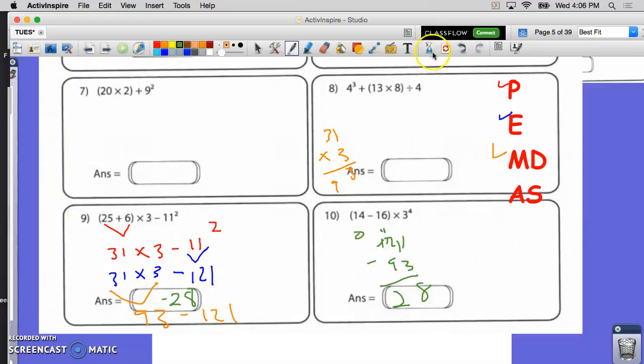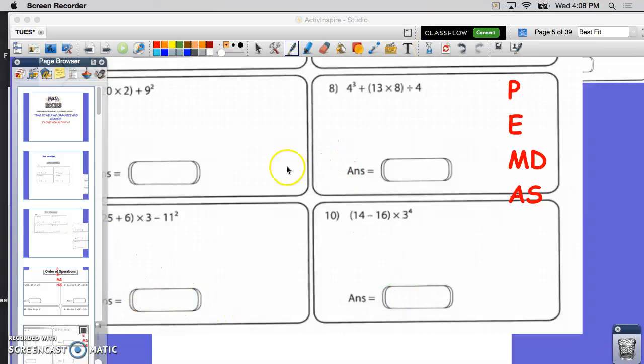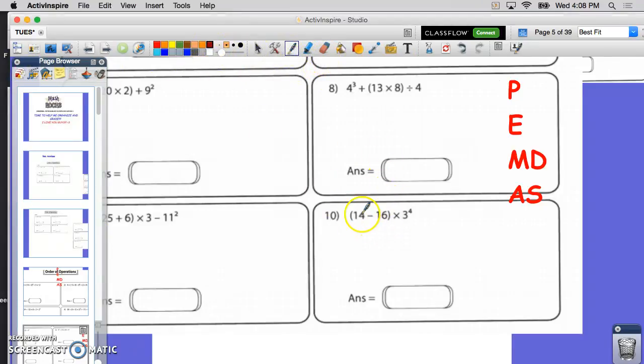Okay? Now, going for number 10. Let's see. In a parentheses, 14 minus 16 is going to give me negative 2. Bring down the rest. Exponent, I have 3 times 3 times 3 times 3. Let me do that over on the side. So that's 3 times 3 times 3 times 3. 3 times 3 is 9. Times another 3 is 27.